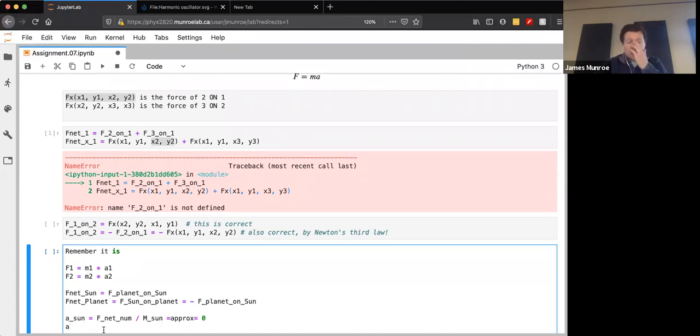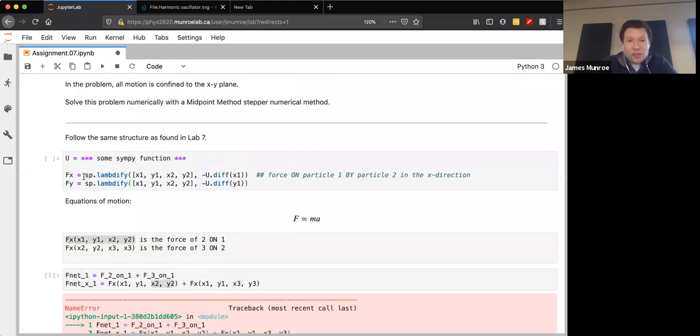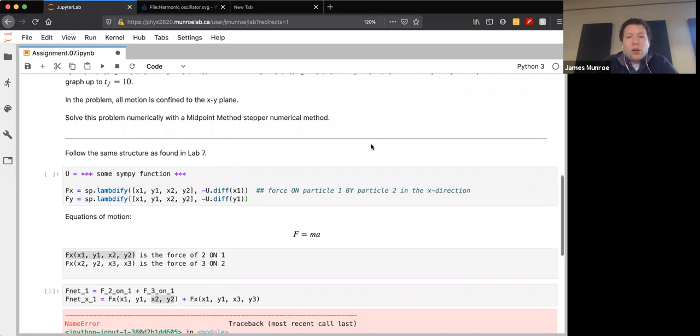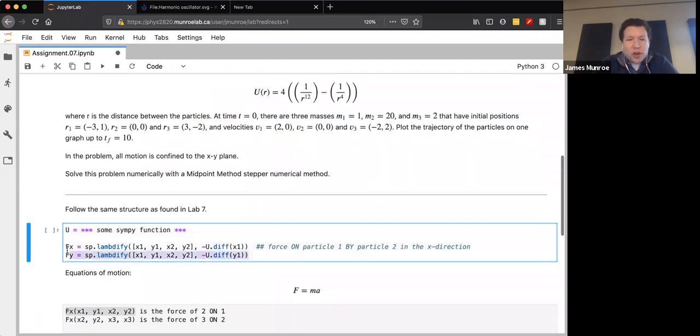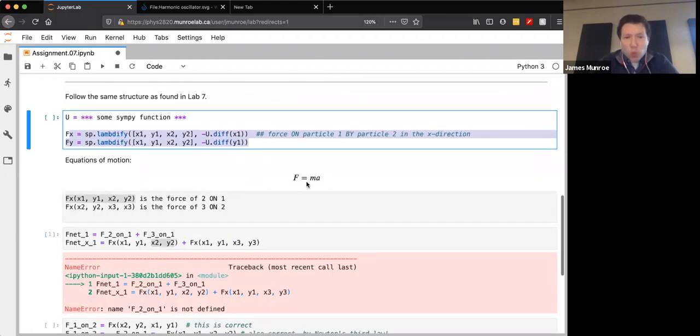Okay, so my point is, to solve this problem, you need to implement some functions f of x. Use SymPy, starting from here, to calculate the derivatives, to calculate what those functions are. Write out equations of motion, okay? Actually write out for yourself, like I've done many times, derivative of x with respect to t is equal to f net 1, f net 2.